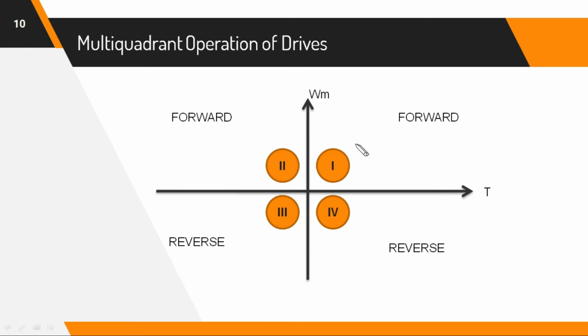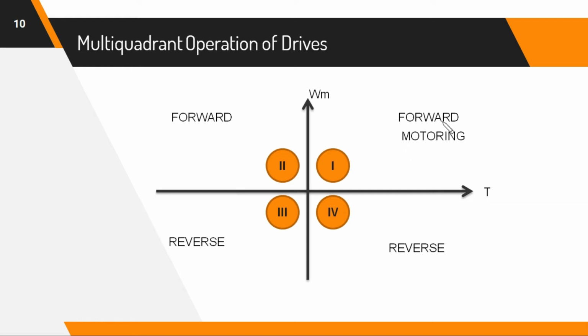In the first quadrant, what is the formula for power? Power developed by the drive is equal to the multiplication of omega m and T. Here in the first quadrant, power is positive because omega m is positive and torque is also positive. Hence the first quadrant acts as a motoring quadrant, and together we call it the forward motoring quadrant.